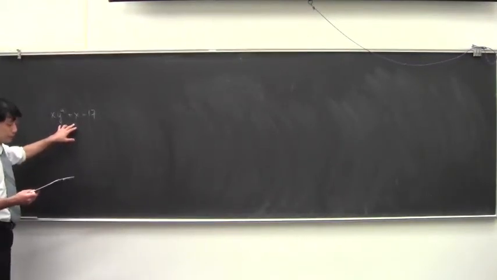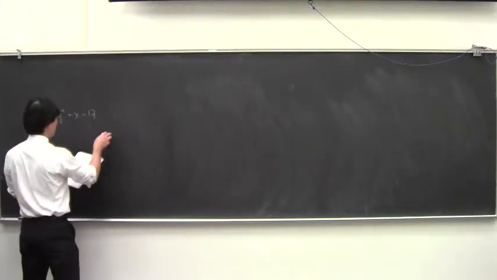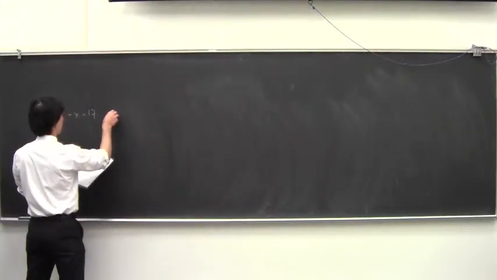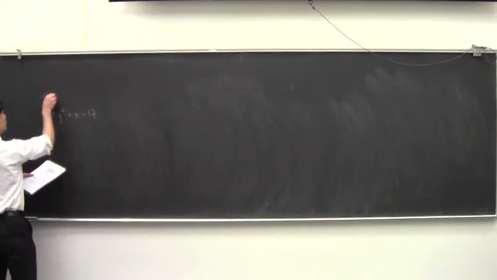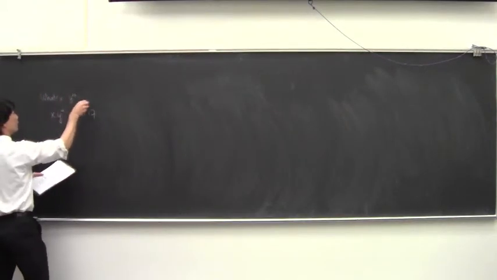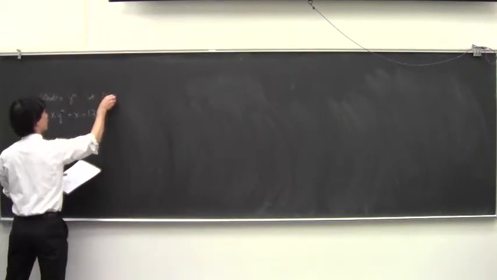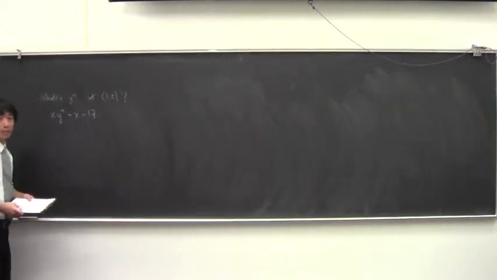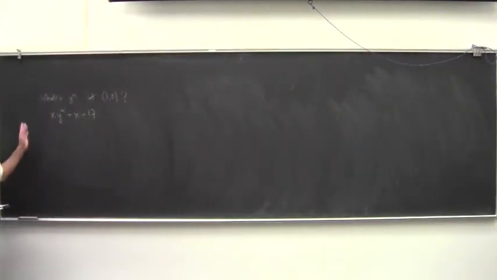Okay, so here's an example, and somebody say what's y double prime at the point (1, 2). Okay, so how do you do it? How do you get the first derivative? Power rule.